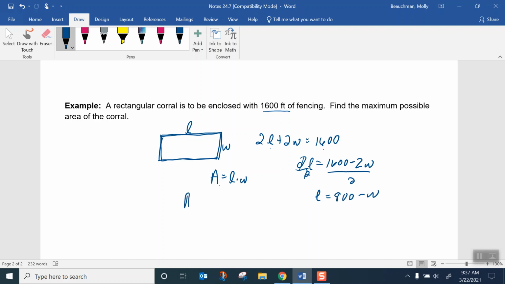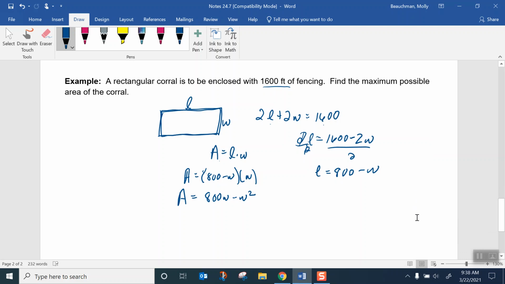So if I come over here and substitute 800 minus the width for the length times w, then that will give me an area expression, 800w minus w squared, that I can go ahead and maximize. So all possible areas are modeled by 800w minus w squared. If you remember, this is an upside down parabola, so we're looking for the maximum.